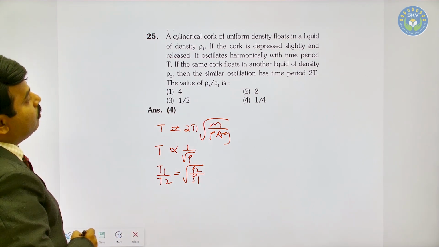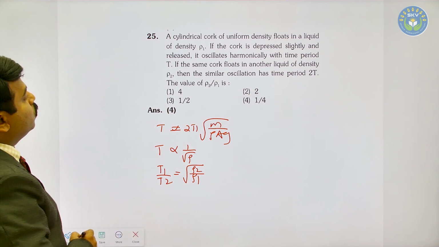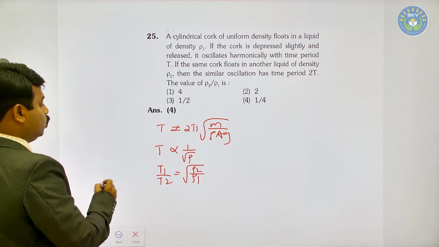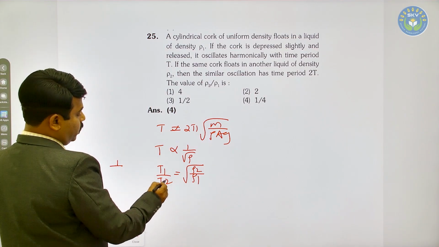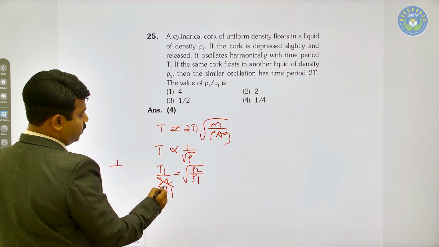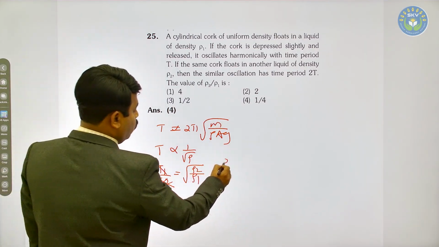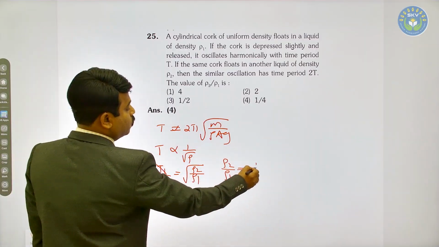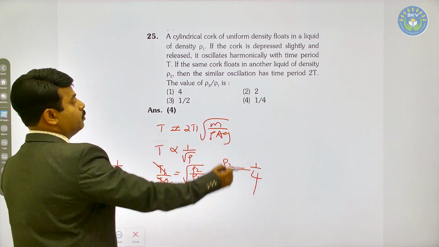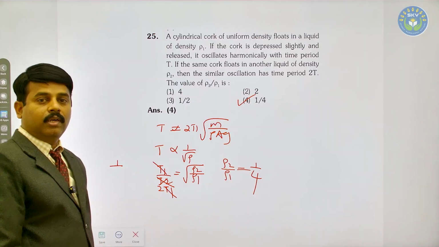Now they have given one information: for rho 2, the similar oscillation time period is 2t, so t2 you can write as 2t1. Substituting 2t1, t1 and t1 cancel, then rho 2 by rho 1 is equal to, squaring both sides, 1 by 2 square, that is 1 by 4. Then option 4 is correct, right?